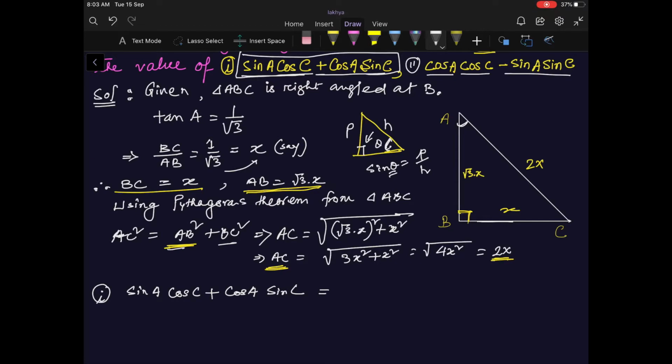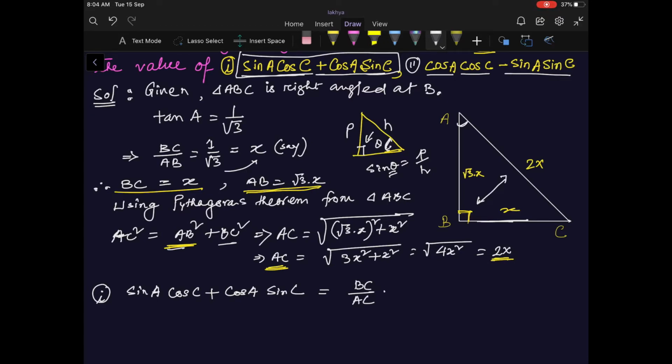Now we are taking sin A. Which side is opposite to angle A? BC. So in this case perpendicular is BC, so sin A must be BC by hypotenuse, and AC is the hypotenuse here.